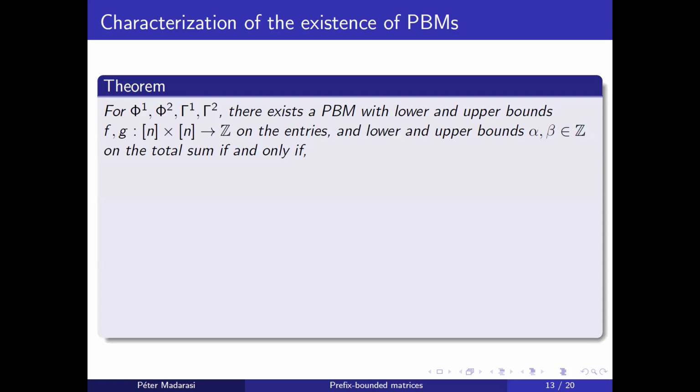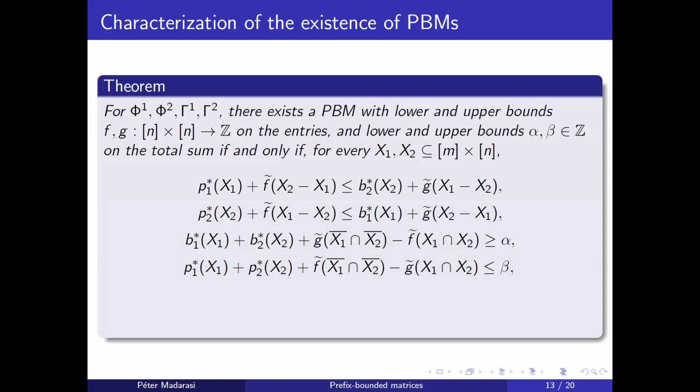And here is the characterization. Such a PBM exists if and only if for every two subsets x1 and x2 of the positions of our n by n matrix, we have the following four inequalities satisfied, where f tilde of z is just defined as the sum of f over the elements of z.